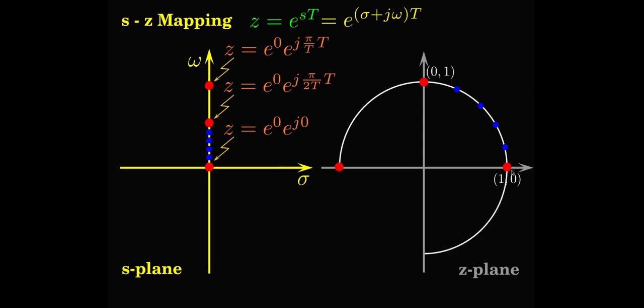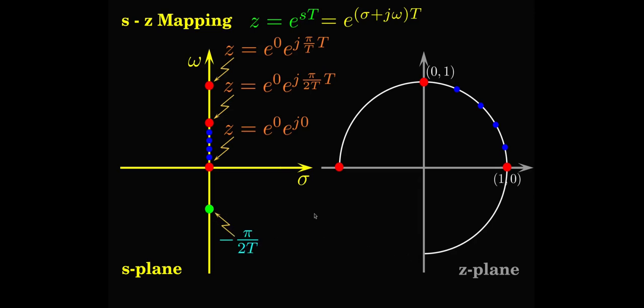Likewise, I can have points on this unit circle, all these points which will fall here on the negative omega axis, and the negative omega axis up to this point here, which is e to the power of j minus pi by 2t.